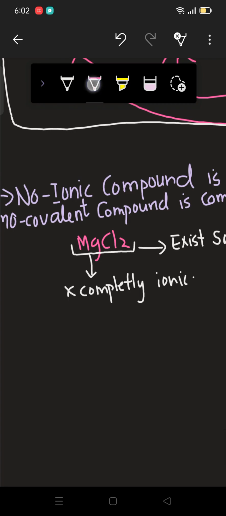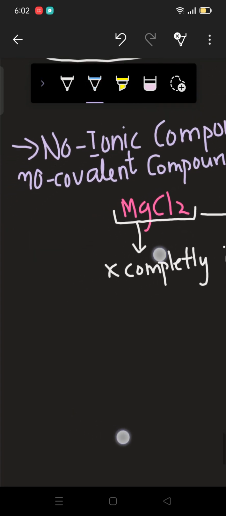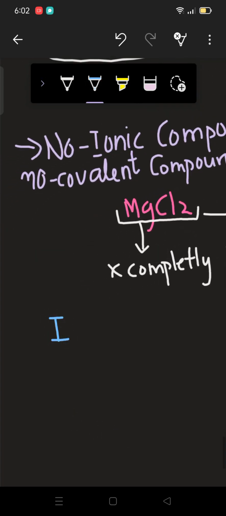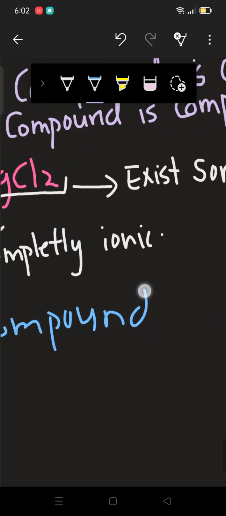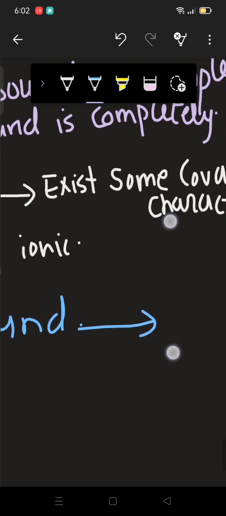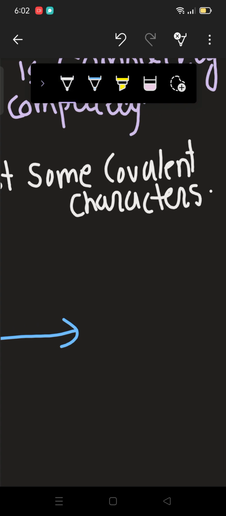So yeah, we have an ionic compound, and here covalent characters exist.